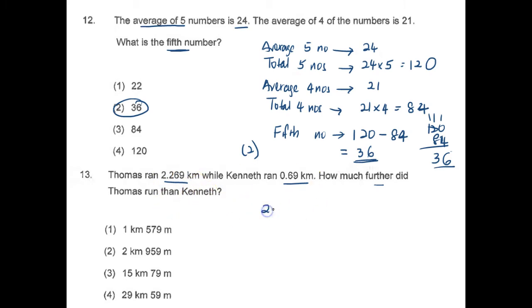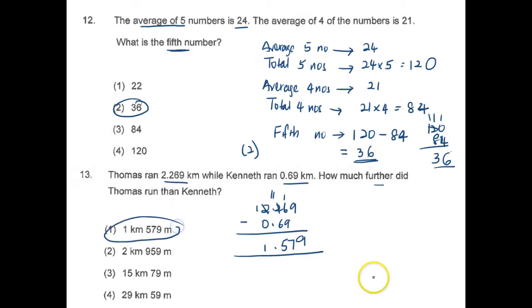So we take 2.269 minus 0.69. 1.579. How much further did Thomas run than Kenneth? Is 1 kilometer 579 meter. So option number 1 is the answer.